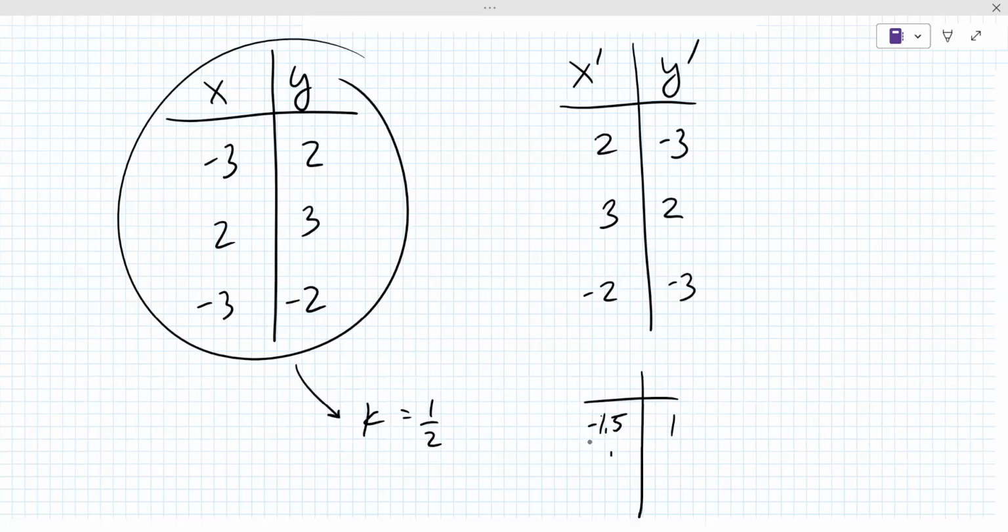I mean, sorry, 1 and then 1.5. Good, keep going. Almost there. Negative 1.5 and negative 1. All right, you made it. We did it. Good job here. Let's go ahead and stop the recording.